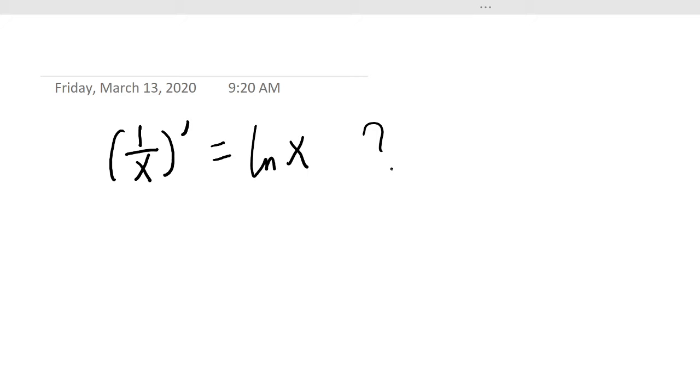Or we should have ln of x, derivative of that equals 1 over x.